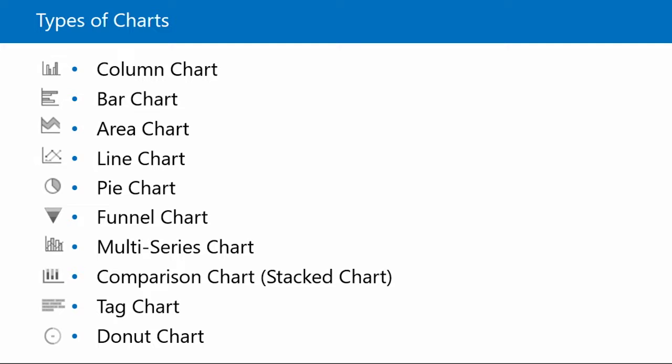Then we also have area charts. Area charts highlight the amount of change over time and display a trend in total value. For instance, actual revenue by state. Then we also have line charts. Line charts display continuous data over time. These are also great for showing trends in data over a long period of time, say if you wanted to see the rise of employee wages from when you first opened until now.